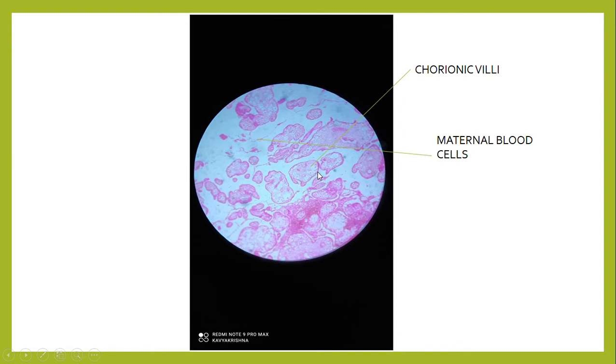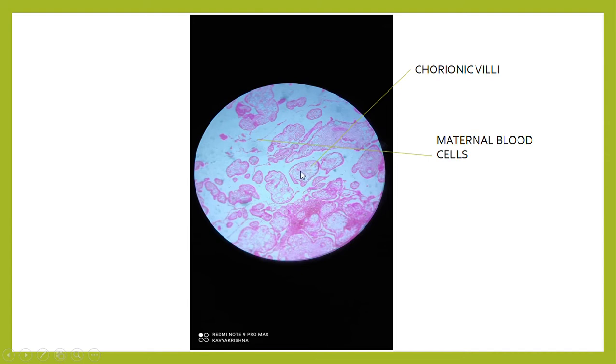This is the chorionic villi. You can see the outer layer that is formed with the cytotrophoblast and syncytiotrophoblast, and inside, this substance represents the mesenchyme.